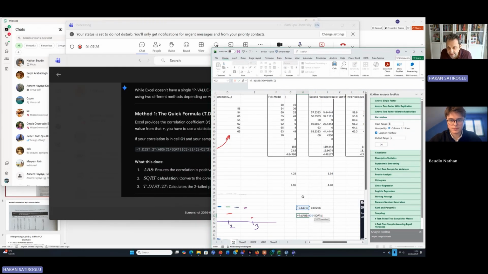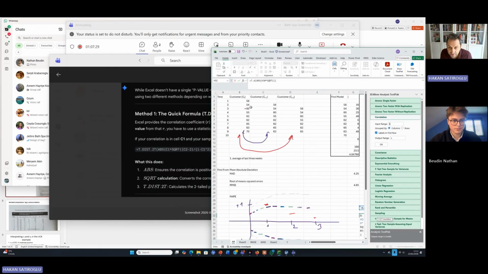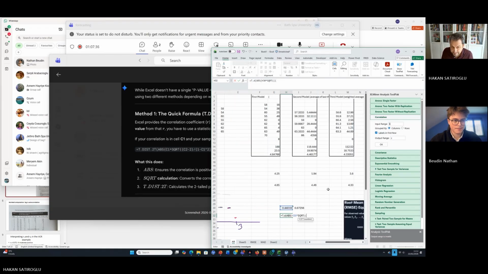So the sample size for this correlation is 7. Sample size 7 minus 2, close one bracket, divide by bracket 1 minus the square of the correlation, because I need the square root of it.